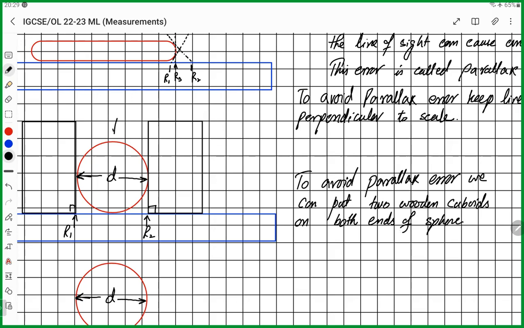This is a sphere, not a circle. Yes, both ends of the sphere.